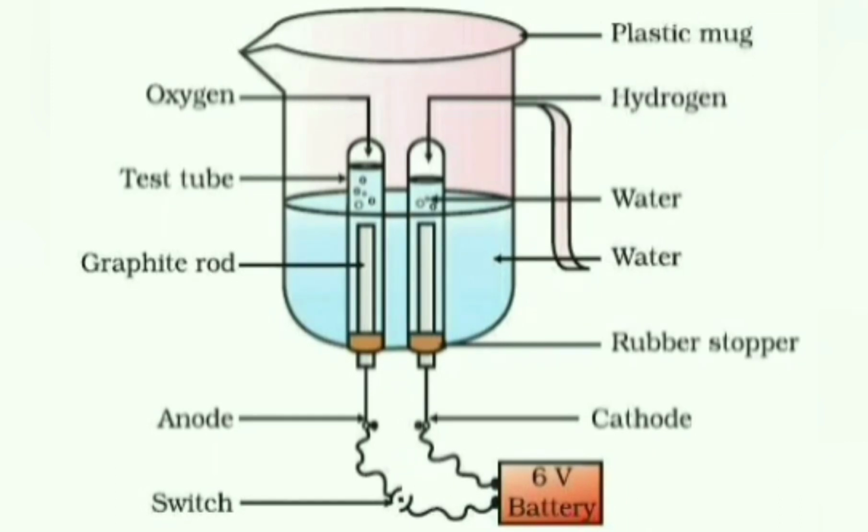Since the ratio of hydrogen and oxygen in water is 2:1, as we know from the formula H2O, the amount of hydrogen gas collected over the cathode is twice that of the oxygen gas collected over the anode. This process is called electrolysis, and this is a decomposition reaction wherein water decomposes into hydrogen and oxygen.